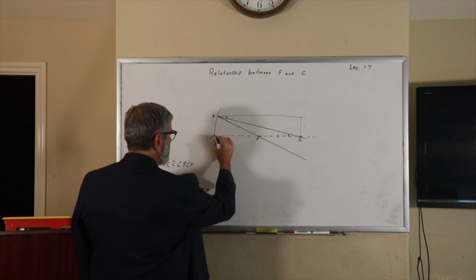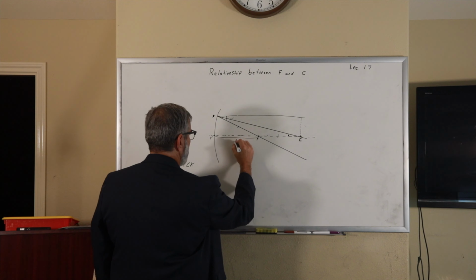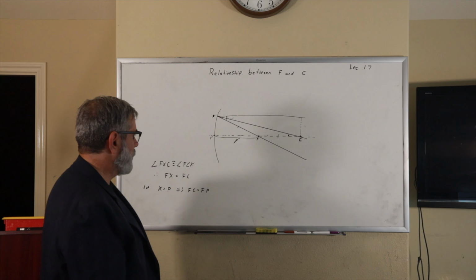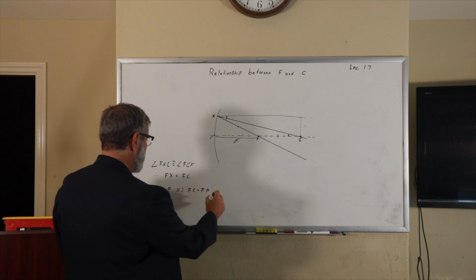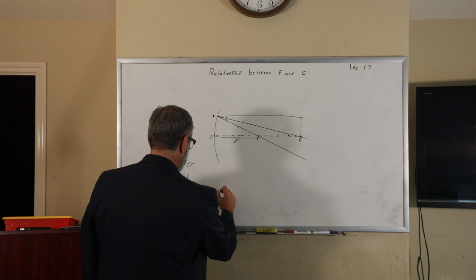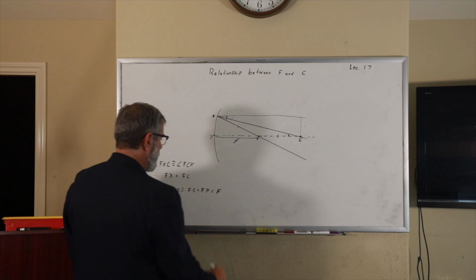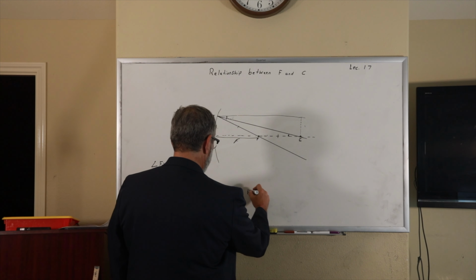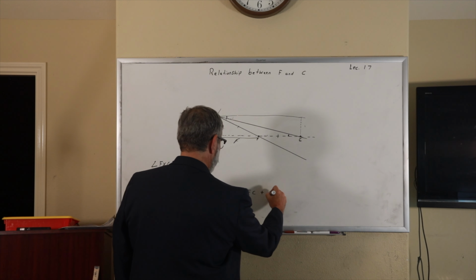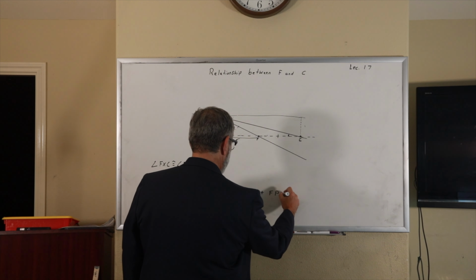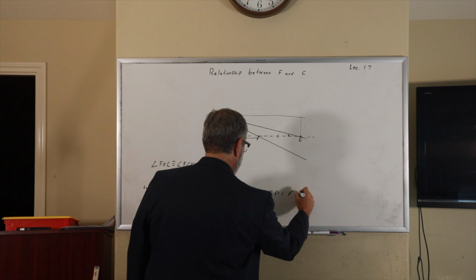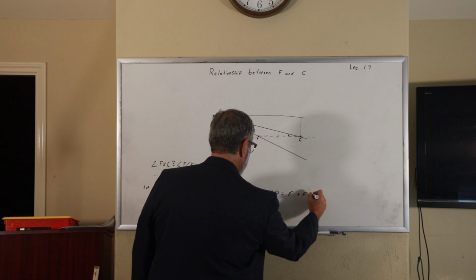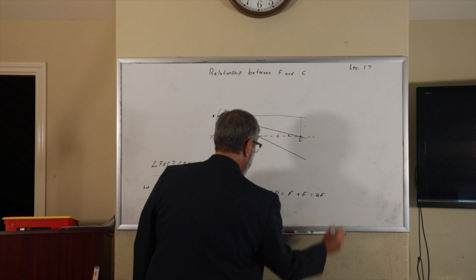And if we define this distance to be the focal length, that's a lowercase f, then what do we find? Well, that means that FC plus FP will be equal to f plus f, which is equal to 2f.